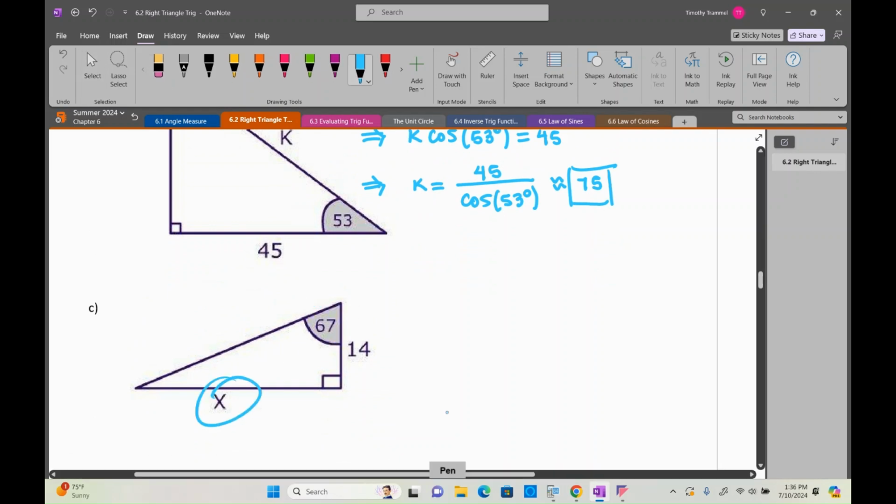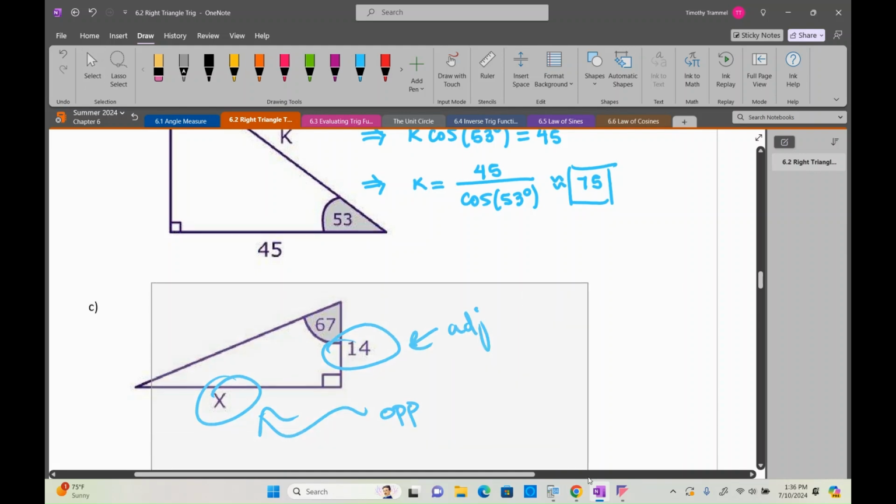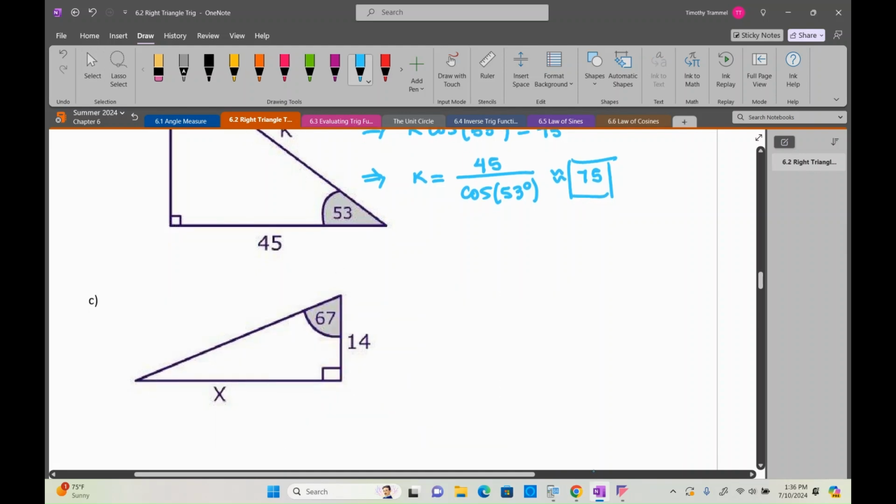And if we look at the sides we have the opposite side and the adjacent side. So we are going to be using tangent. Tangent is opposite over adjacent. So I can go in here and I can write tangent of my angle is equal to, right, TOA, opposite over adjacent.